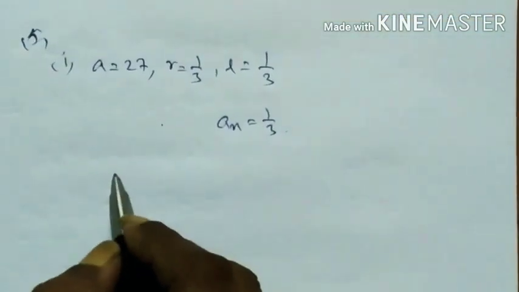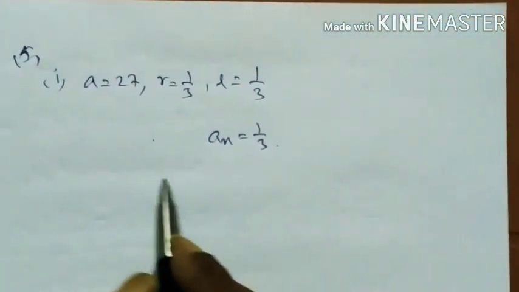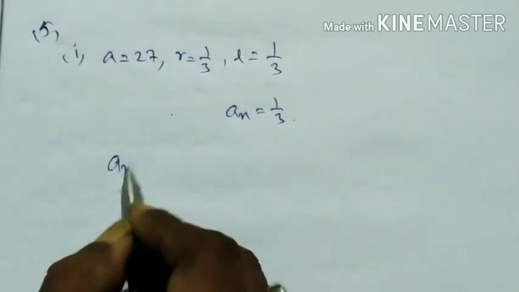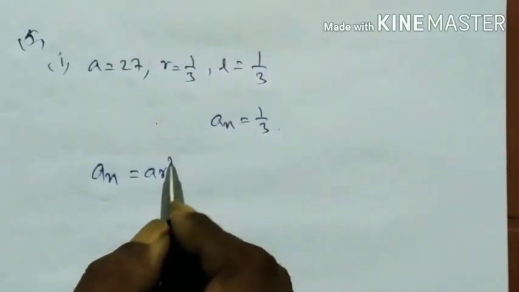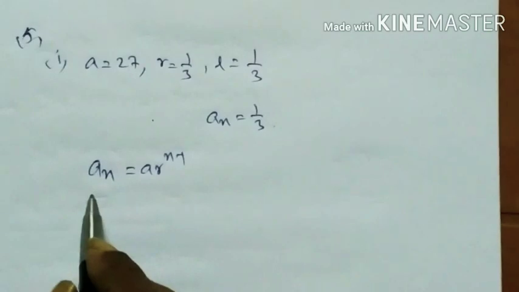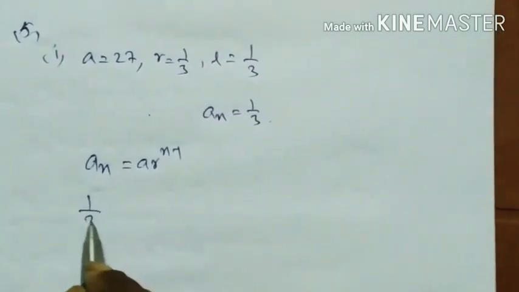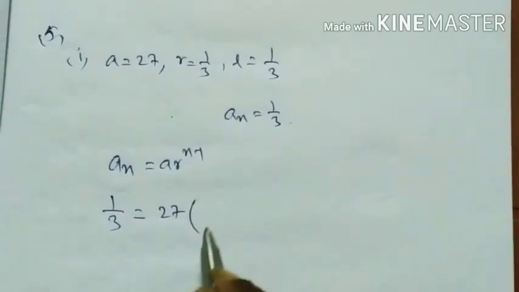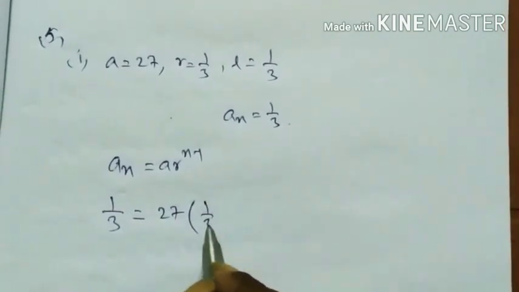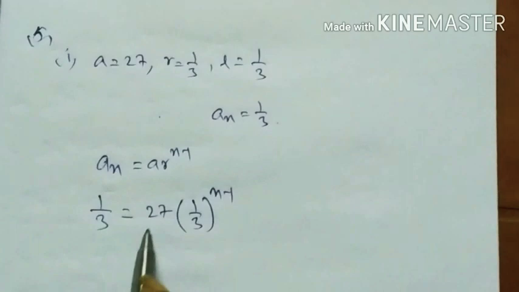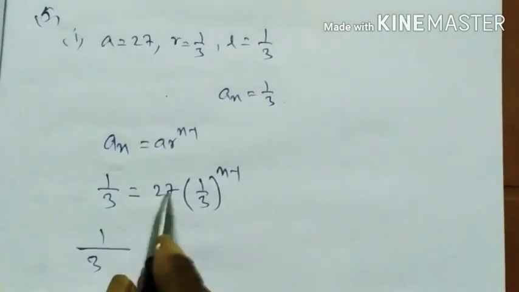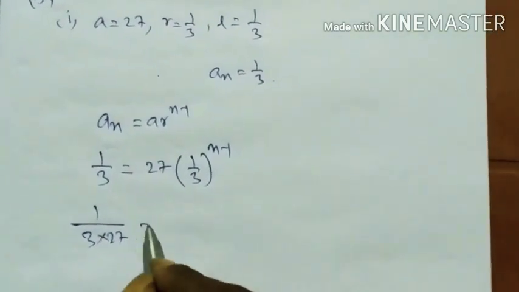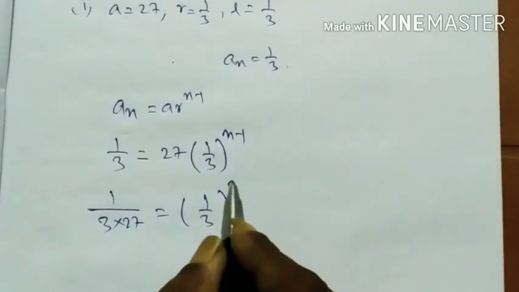Now first of all I have to find out the number of terms. Therefore I am going to take the help of the nth term formula, A r to the power of n minus 1. So here 1 by 3 is your nth term. A is 27. Your r is 1 by 3 to the power of n minus 1. So 1 by 3 over 27 is equal to 1 by 3 to the power of n minus 1.